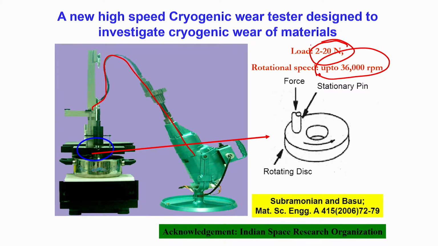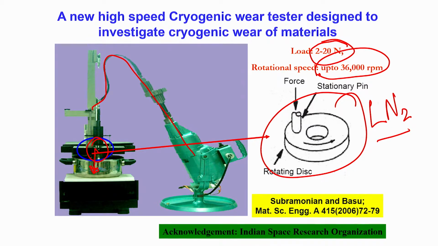The load is somewhere around 2 to 20 Newton. This load can be varied by dead weight, and then one can record the friction coefficient at very high sliding speed conditions. So this is a very unique cryogenic tribo tester. The other thing I must mention is that this entire assembly is dipped into this cryo chamber, and in this cryo chamber there is a constant flow of liquid nitrogen, so that at any given point of time this assembly is completely immersed in liquid nitrogen.